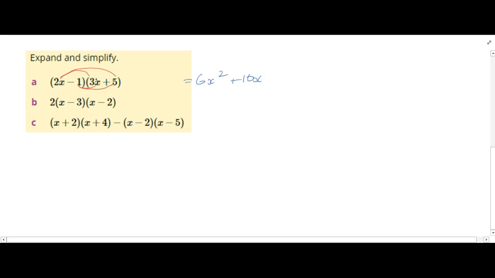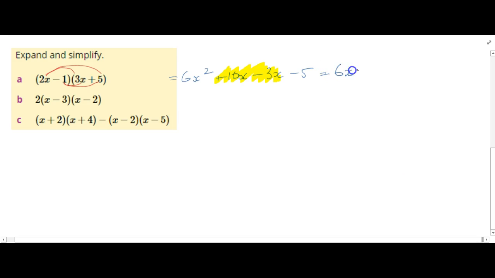Negative 1 times 3x is negative 3x. And negative 1 times positive 5 is negative 5. These middle two terms are like terms. So 10x minus 3x is 7x, so 6x squared plus 7x minus 5 is your answer.